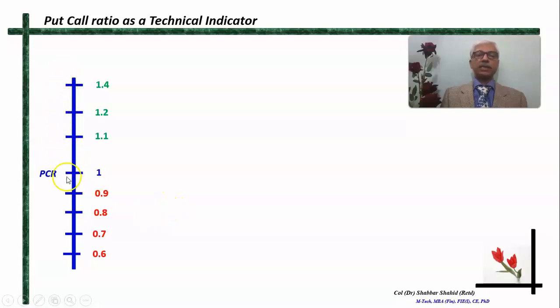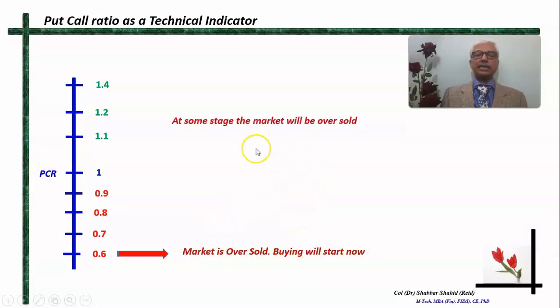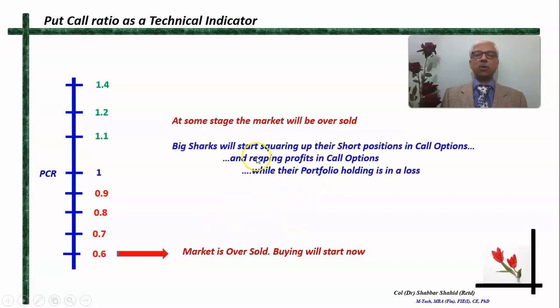If this is the PCR scale, just for your understanding, at some stage the PCR keeps coming down unexpectedly, but at some stage the market is said to be oversold. Buying will now start. How the buying will start, I'll explain to you maybe in the next part. But try and understand that once the market gets oversold by this very low PCR, the big sharks will start squaring up their short positions in call options.